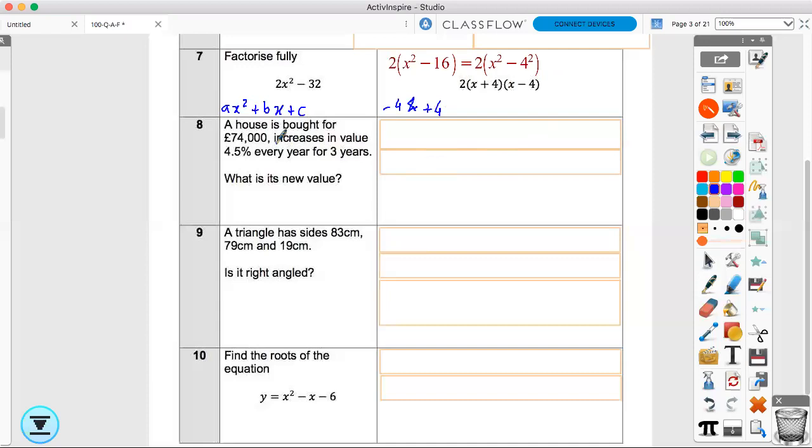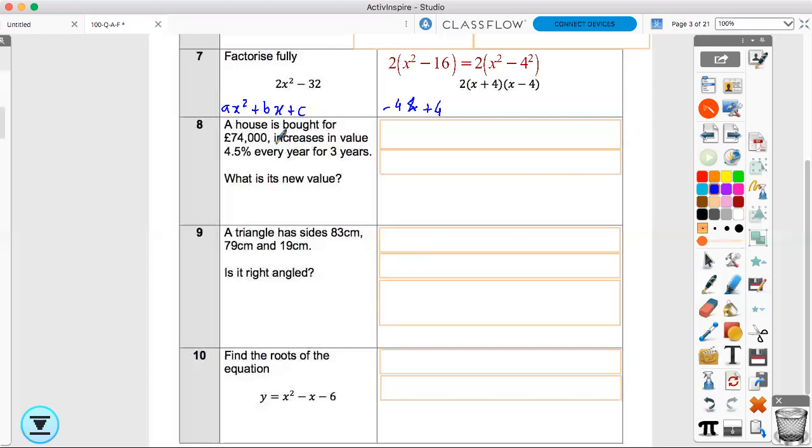So the next one is the type of question where sometimes you see people struggling because they haven't looked at it for a while, but again, you've got more than one way to get this. You can look at how much the value of the house is going to increase every year, and you do it for 3 years.